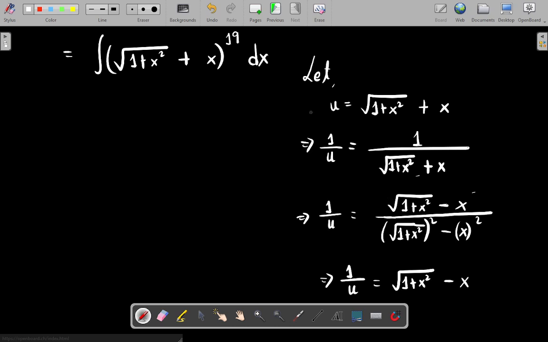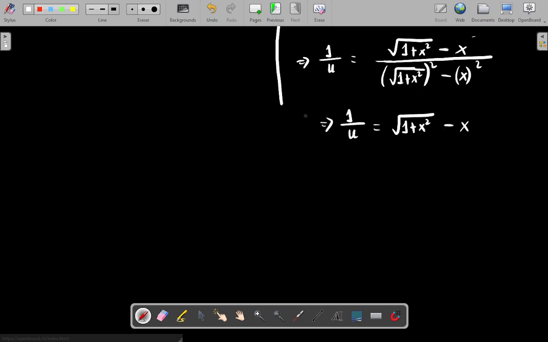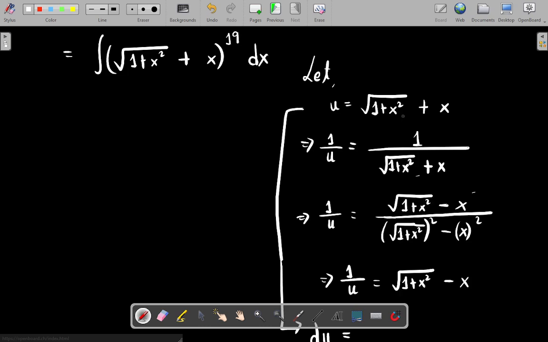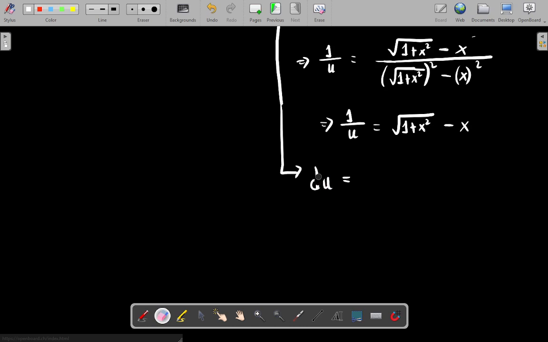Okay, so from here now let us find the value of du. Instead of finding du directly, let us first try to find the square of both sides.